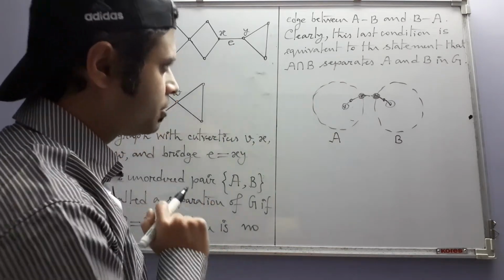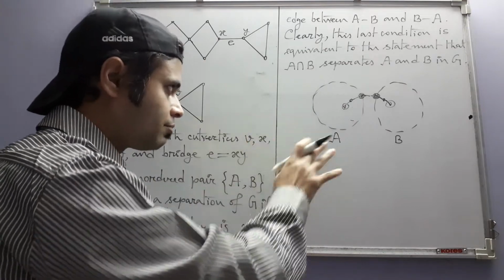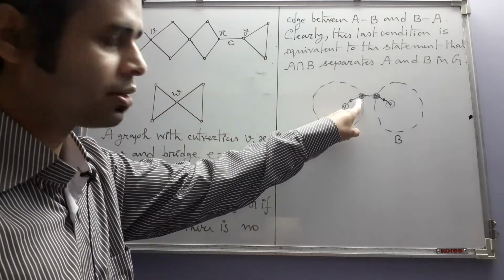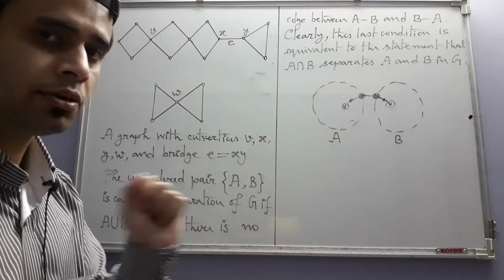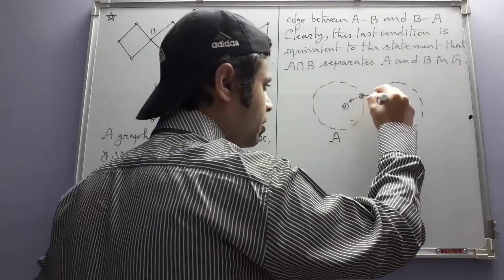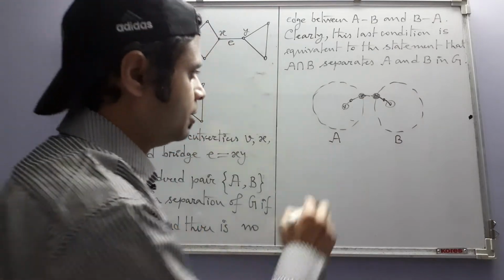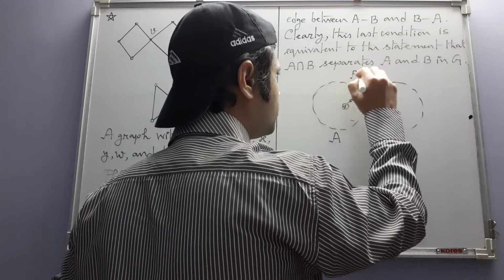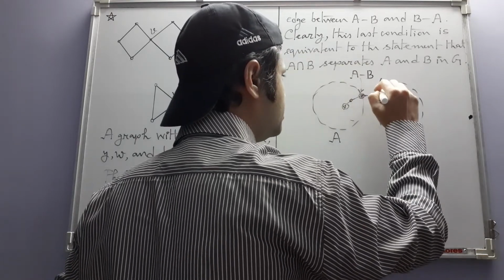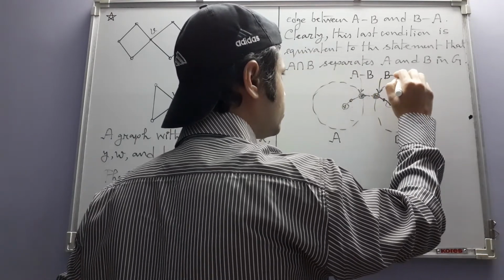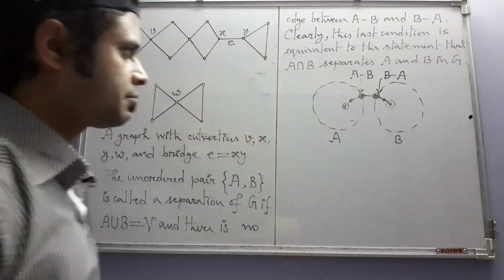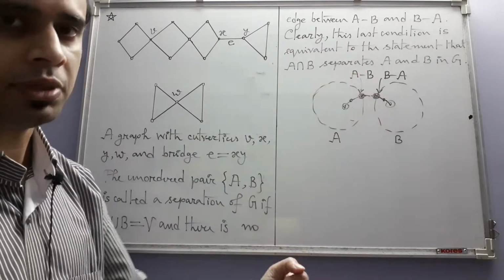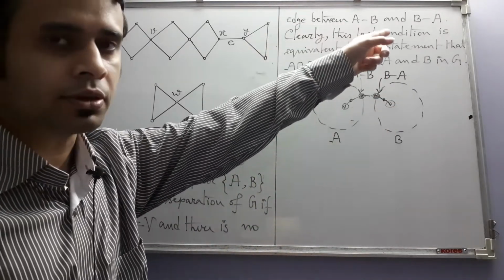Now according to our supposition, since none of the vertices belongs to A intersection B, the end that belongs to A belongs to A only, and the end that belongs to B belongs to B only. So that means this belongs to A minus B and this end belongs to B minus A. But then you have an edge between A minus B and B minus A, which contradicts this condition.